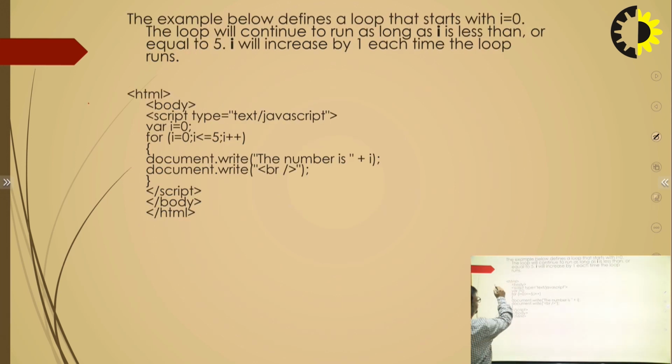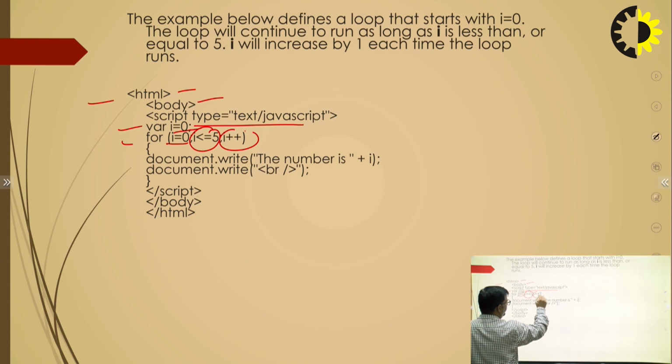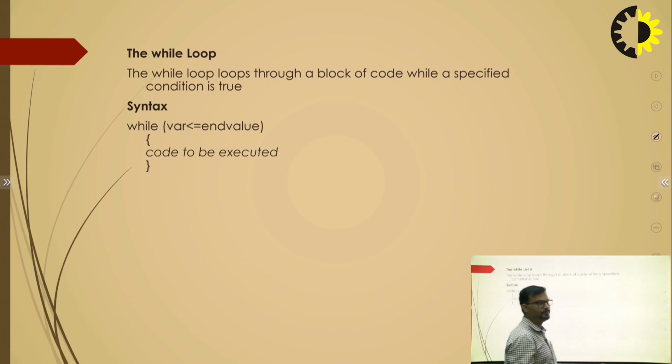Another example: HTML body, then script, then var i equals 0, this is the initialization, this is the condition, and this is the increment or decrement. Then within the loop we will execute 2 lines, then script will be closed, body will be closed, and HTML will be closed.